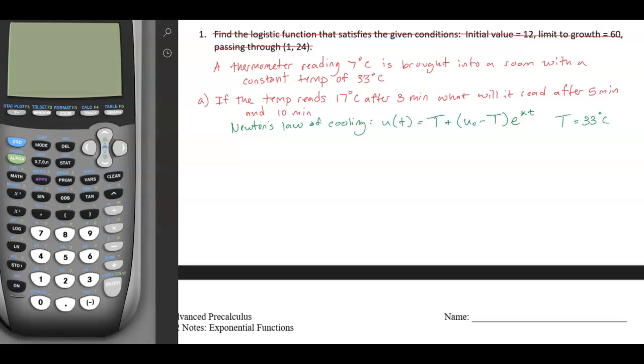U sub 0 is the initial temp of the object, which is 7 degrees Celsius. And k is just a negative constant. Little t is time.